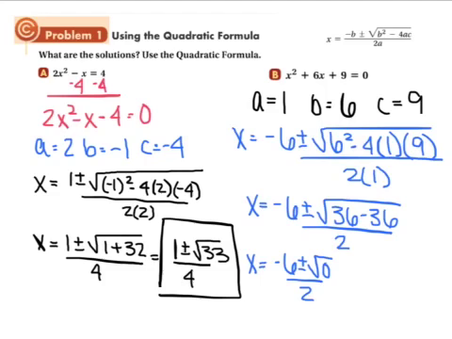Would there be any reason for me to put plus or minus 0? Nope. It's just 0. So we can add 0, we can subtract 0 all we want, but none of the values change. So this is just negative 6 divided by 2. So your solution to this quadratic is negative 3.